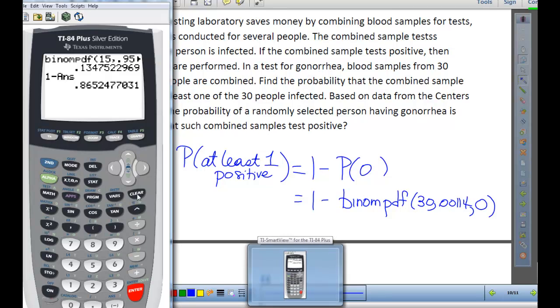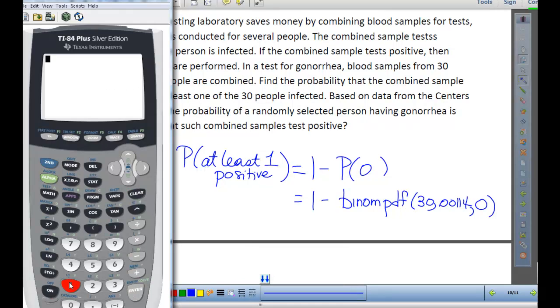All right, so we got 1 minus second distribution, alpha A, 30, 0.00114, and 0.